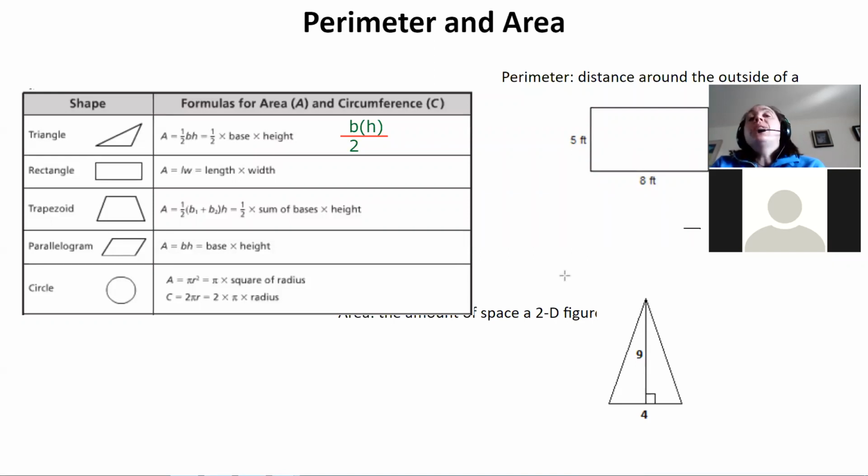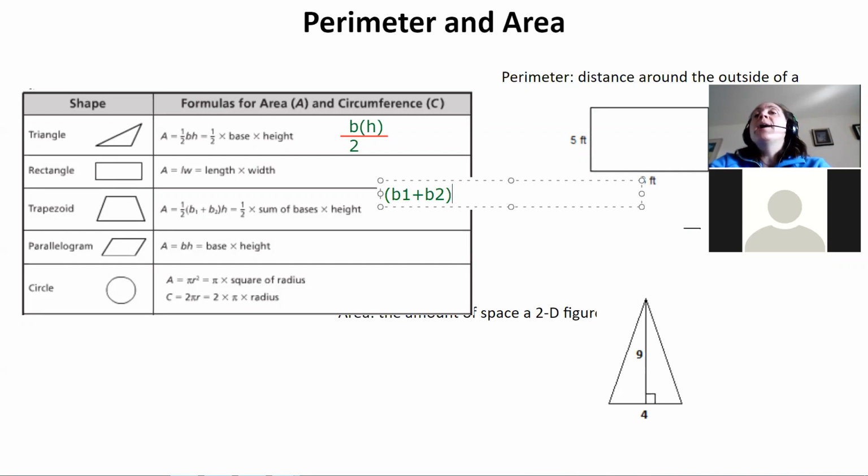For a rectangle, the area is length times width. Trapezoid, people get a little more hung up on it, but all you're doing is adding the bases. So base 1 plus base 2.